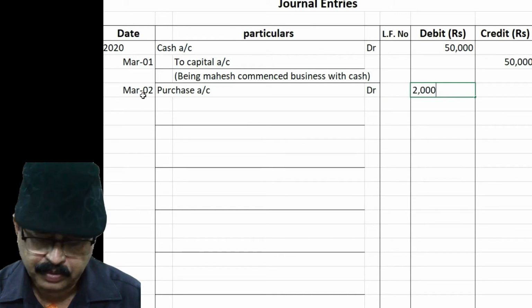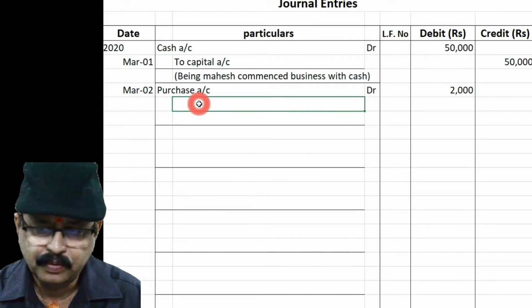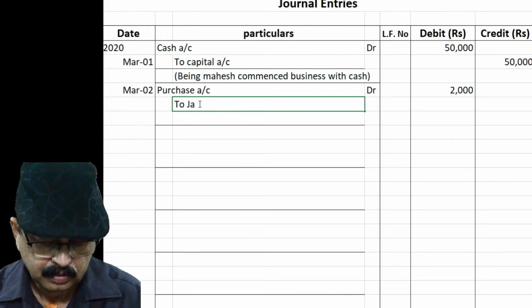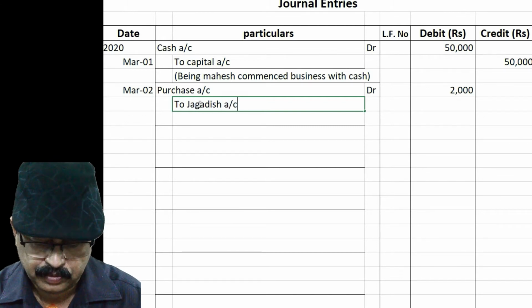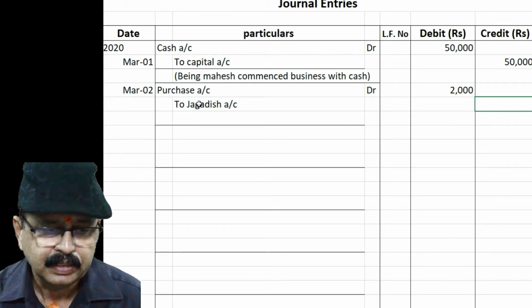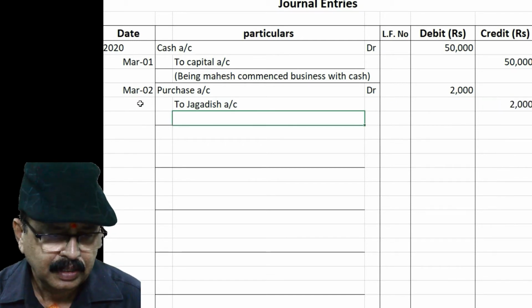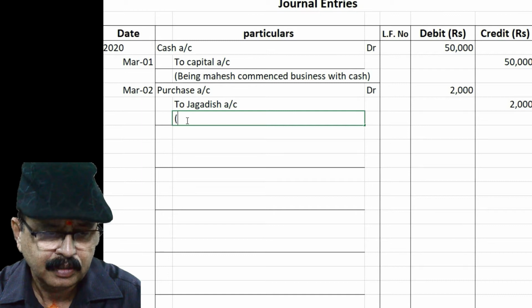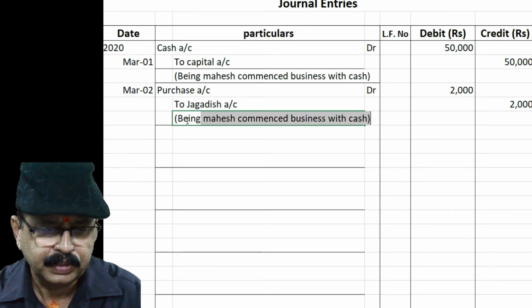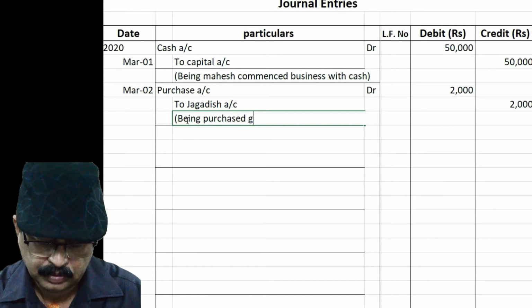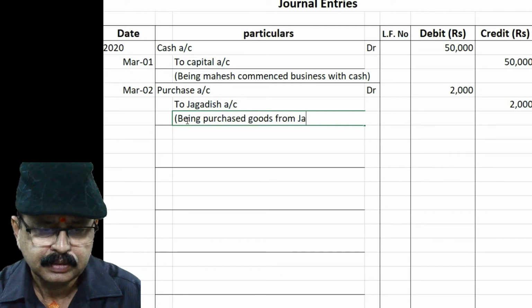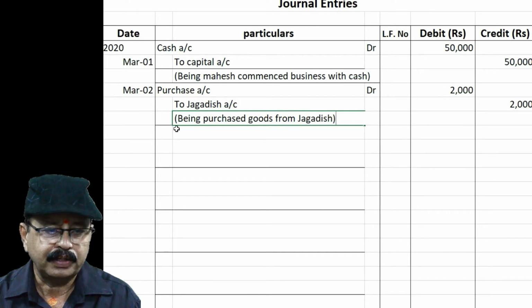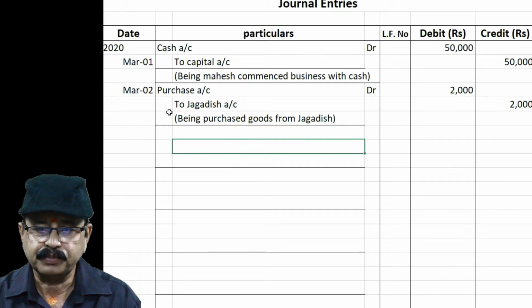Then leave the space compulsorily and write 'To Jagdish account', and straight in the credit column we show 2,000. Then immediately we write the narration: being purchased goods from Jagdish, bracket close. Again we write one underline here. So this is the second journal entry.